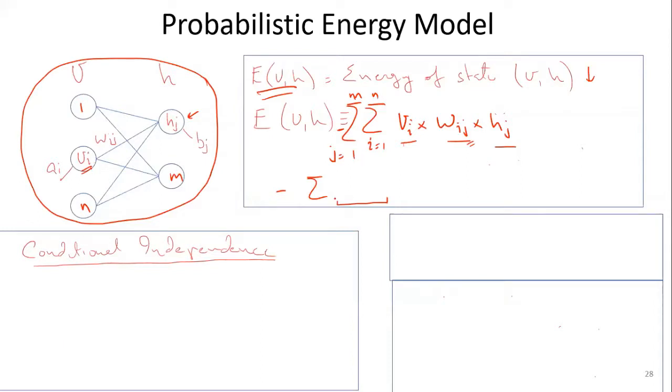We want to take the variable vi and multiply it by what? ai, right? Yes, very good. And then we're going to have another bias term. What should we have over here?